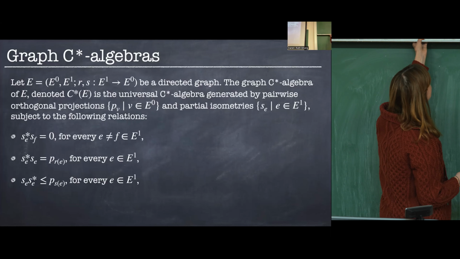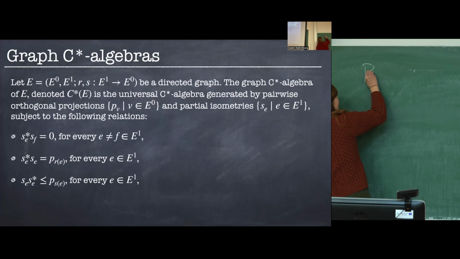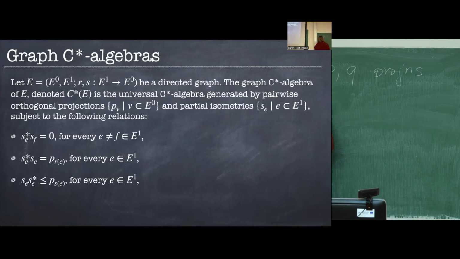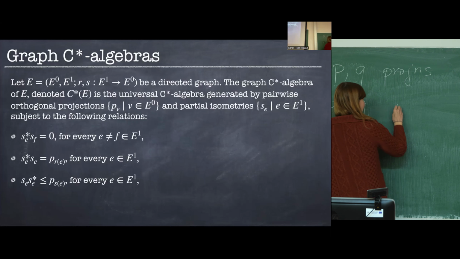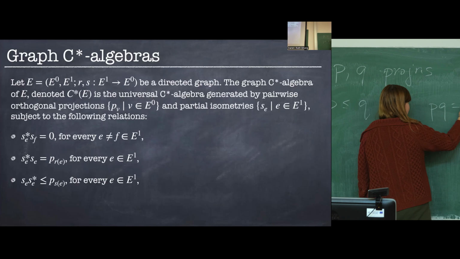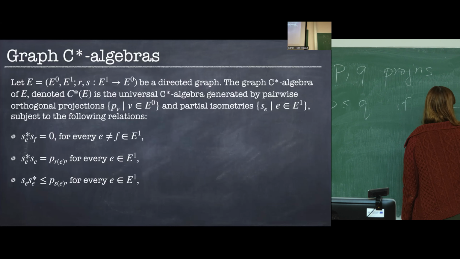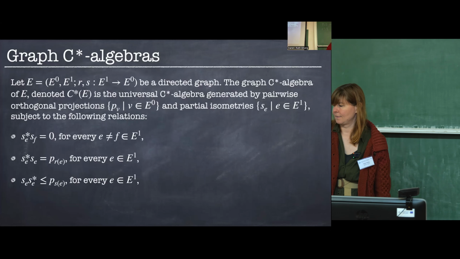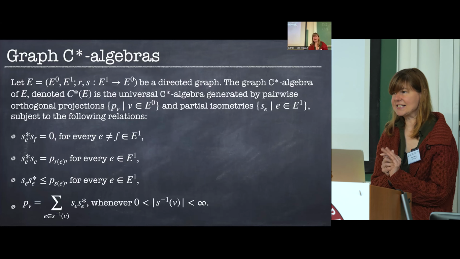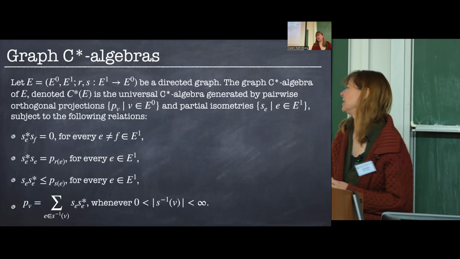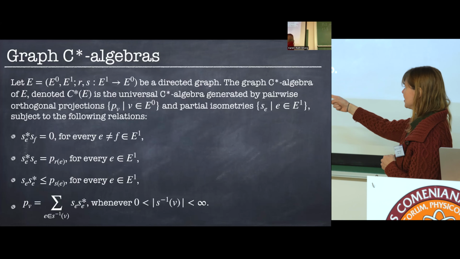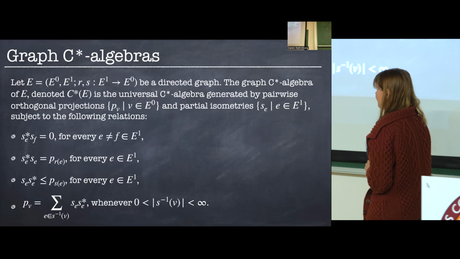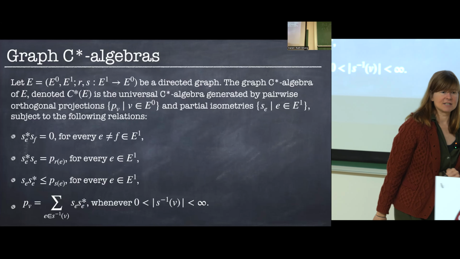So by sub-projection, I just mean that if we have P, Q projections, then P is less than Q if P times Q equals Q times P equals P. And when it makes sense, we can describe the projection corresponding to a vertex in terms of things that are going out of that vertex by summing up over all the edges that are exiting that vertex, but only when this makes sense.